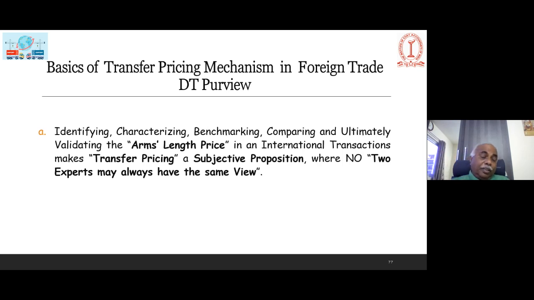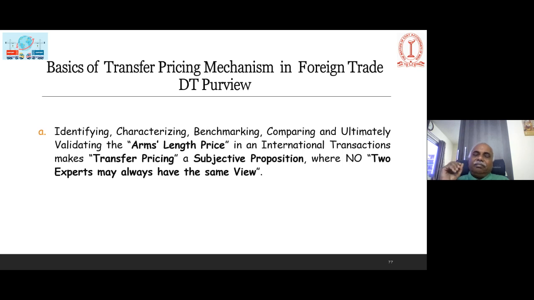If at all I am auditing, verifying, or preparing the books, my view and your view may not be synchronized. That's why the problems are also arising. Some of the issues are disputes arising, and thereby the courts have also intervened in this area.